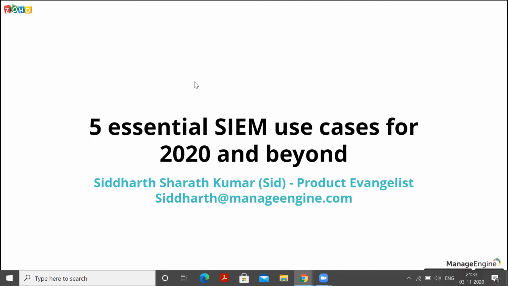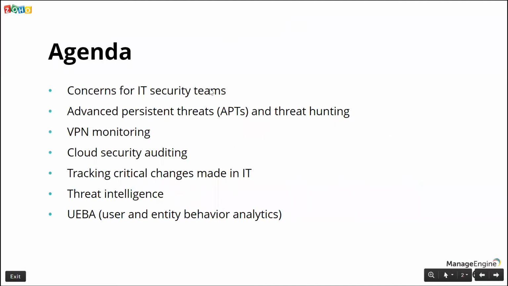Okay, so the agenda for today's session, we're going to start off by looking at some key concerns for IT security teams in this day and age during the pandemic. We'll talk about what are advanced persistent threats or APTs, and really look at this new approach, which is extremely important in SIEM solutions, called threat hunting.